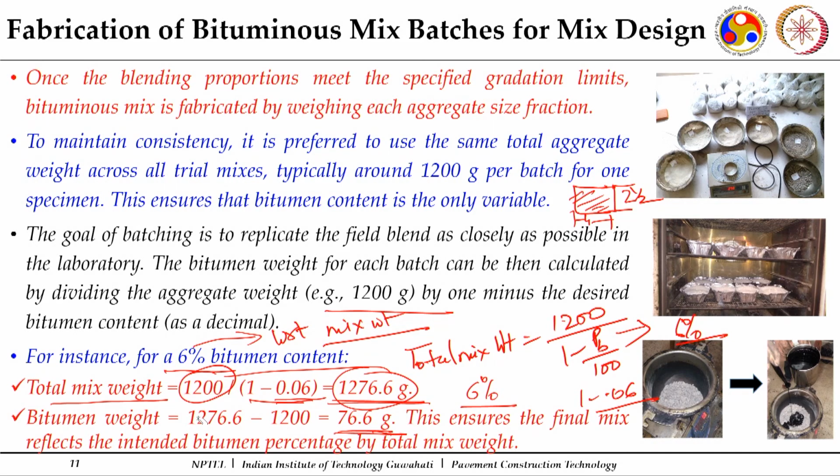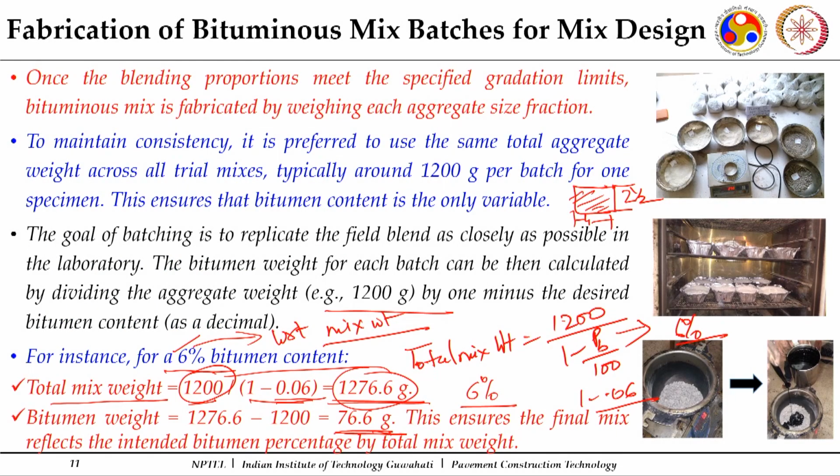So, to prepare a mix with 6% bitumen content, I will take 1200 gram of aggregates and add 76.6 gram of bitumen, whichever grade you have already selected, VG 10, 20, 30, or any modified bitumen, and mix it.